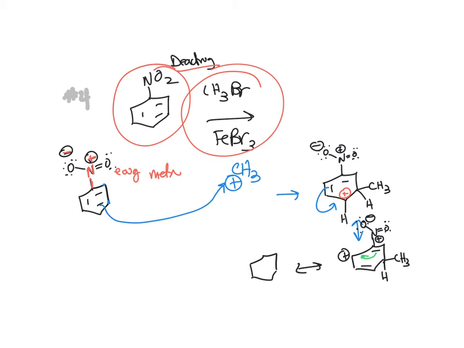Now, if you were to draw a resonance structure where you put the methyl group on the ortho or para position, you would see that you would generate a positive on the carbon that's bonded to the nitrogen right there.